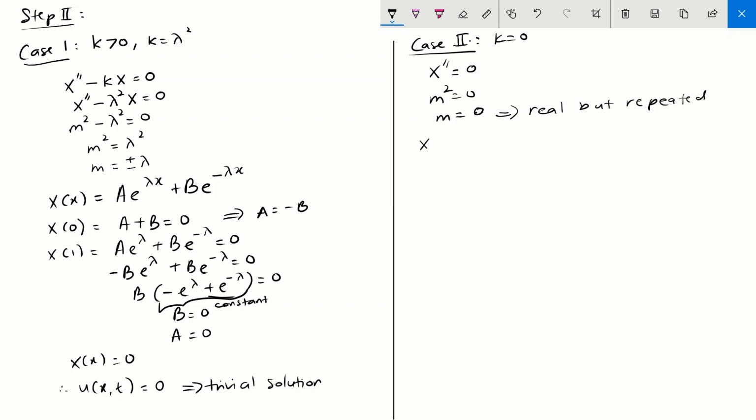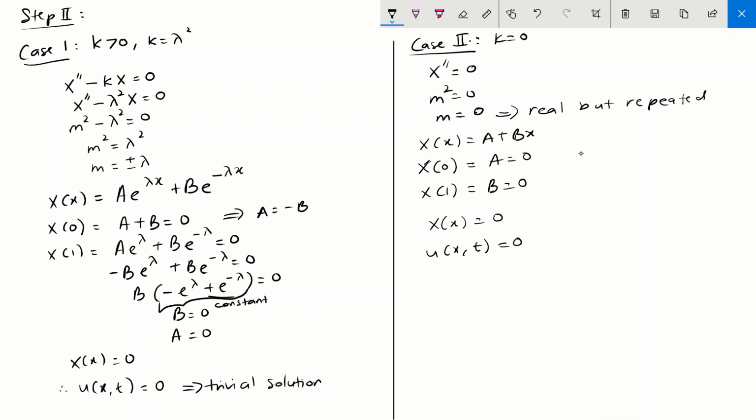Therefore the solution of x is a plus bx. We substitute the first boundary condition, a equals 0, and when we put in the second condition, b equals 0. Again x equals 0, therefore u(x,t) for the case k equals 0 is equal to 0.